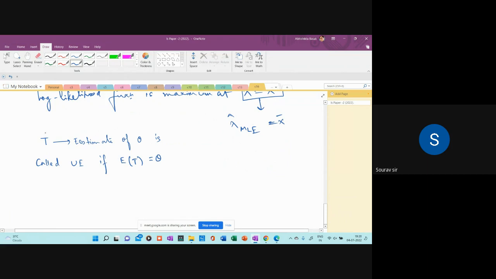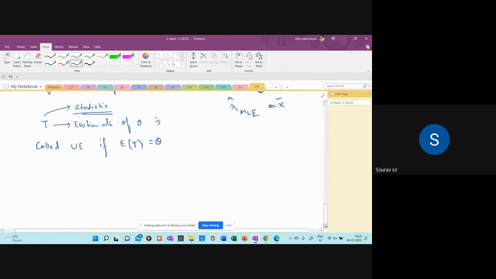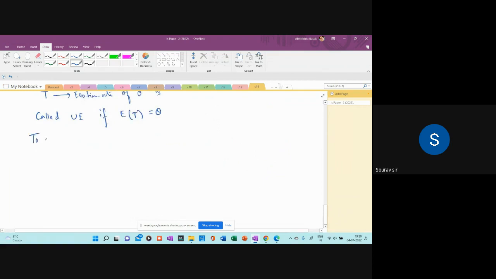What is this T basically? It is nothing but a statistic which is a representation of the sample. So my objective here, or rather to check, not to show, is what the expectation of x bar is. I will write expectation of 1 by n summation xi, which is 1 by n summation over expectation of xi.